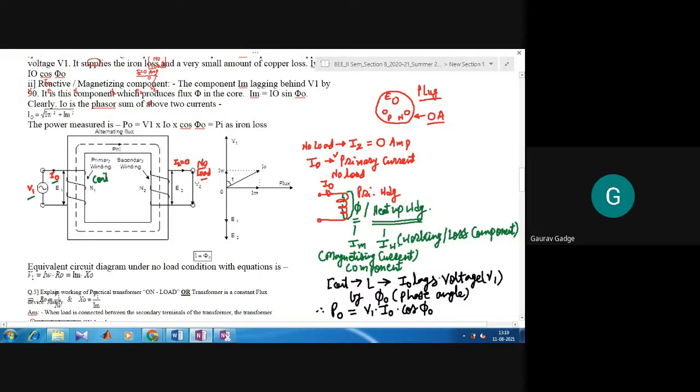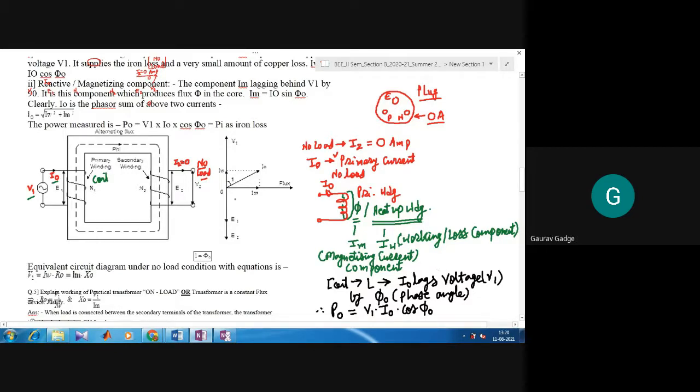We are just naming those parameters: P naught, power under no load; V1, primary voltage; I naught, no load primary current. Cos phi naught is the power factor, and phi naught is the phase angle between V1 and I naught. So that is the phase angle under no load.